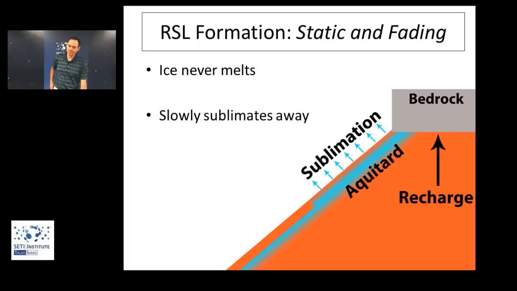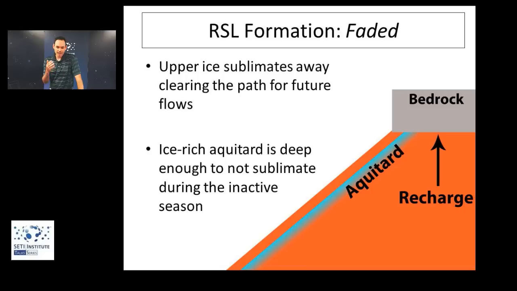So when it's static and it's fading, the ice never melts, we never have liquid, and it just sits there and slowly sublimates away. That's why it takes over 100 sols before it starts fading. And then when it's completely faded, all your ice is gone, and you keep this aquitard just because it's so deep and it just can't fully sublimate away before the next year starts.